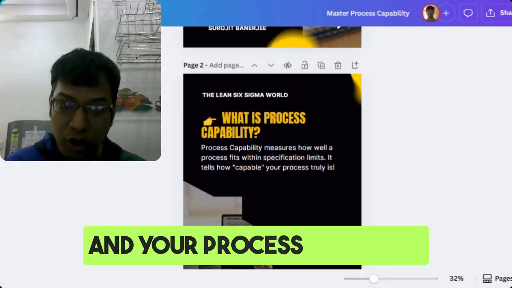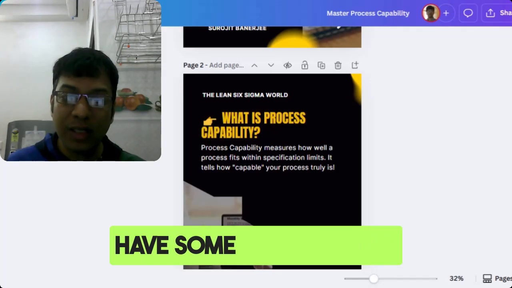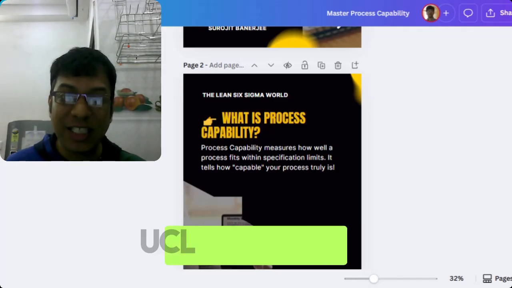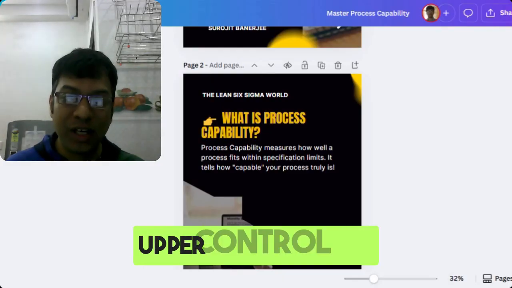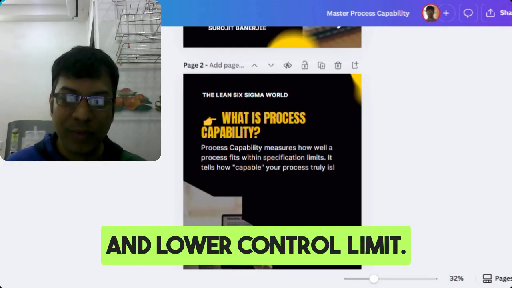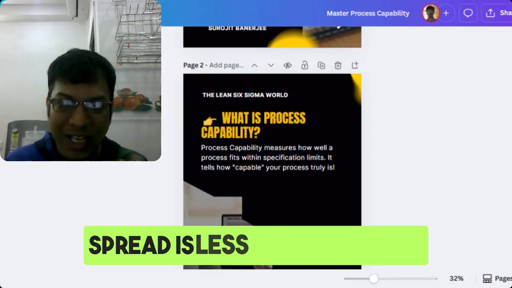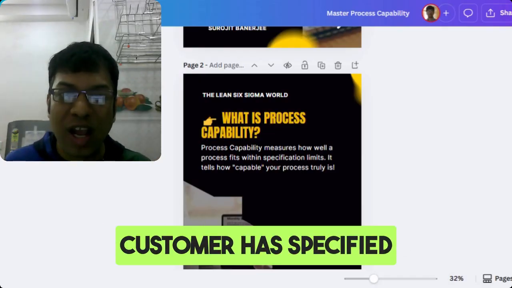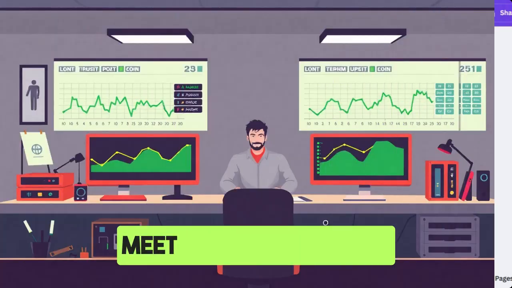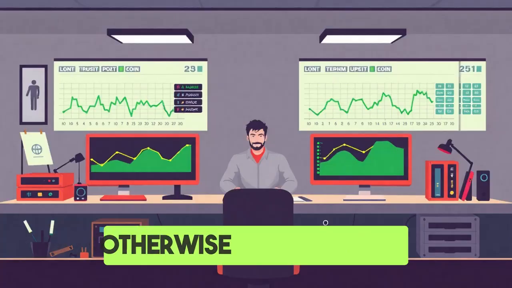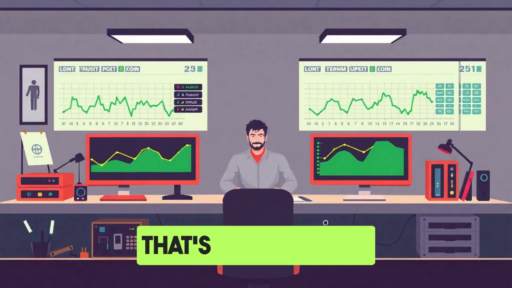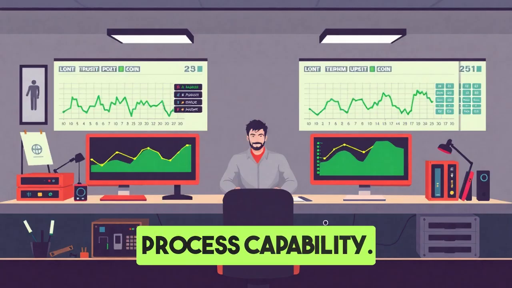And your process will also have some limits, that is UCL and LCL, that is upper control limit and lower control limit. So if the process spread is less than what the customer has specified, you will be able to meet the requirements of the customers. Otherwise, your process will not be able to meet the requirements of the customers. That's why it's very important to find out process capability.